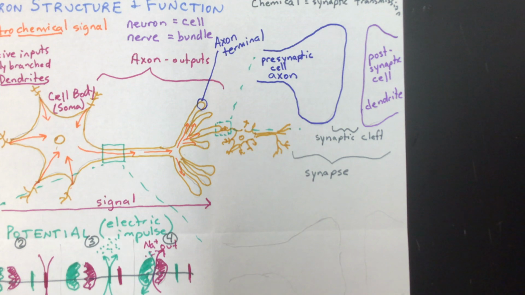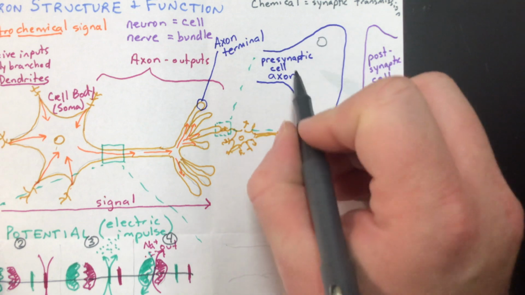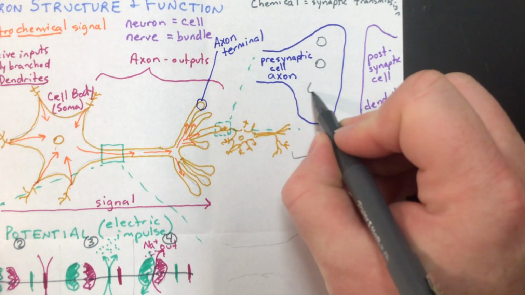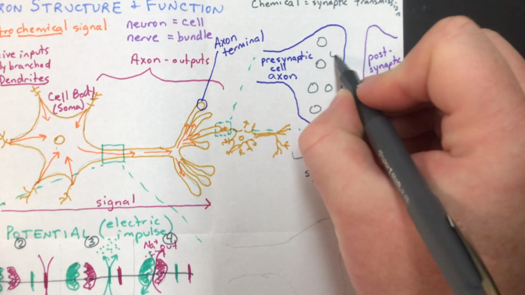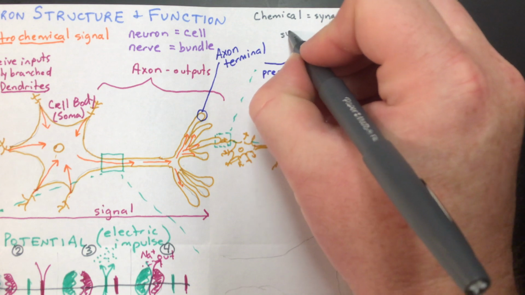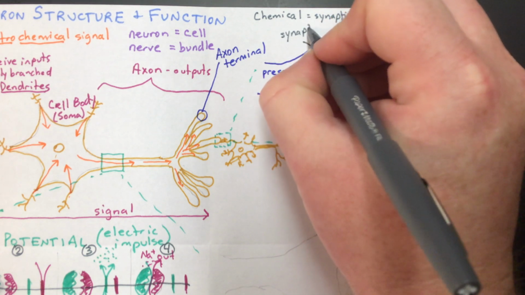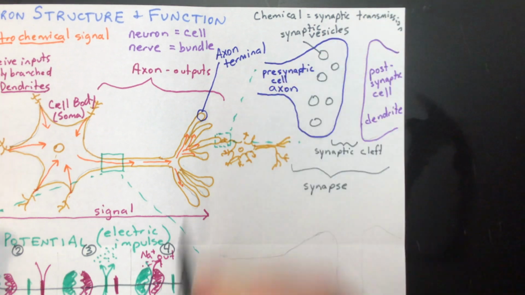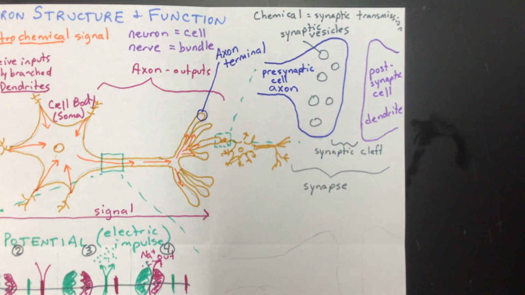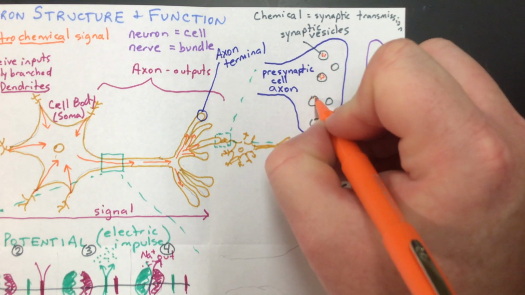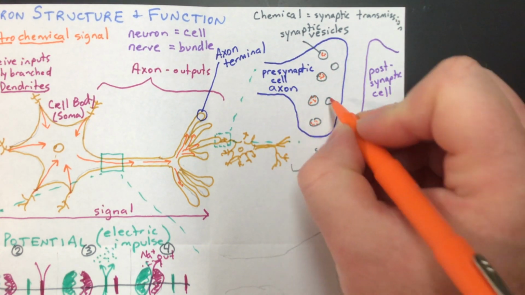A critical structure involved in this is in the presynaptic cell axon, this axon terminal. We've got some interesting structures that are bubbles or containers called synaptic vesicles, and synaptic vesicles contain the chemicals of neuron signaling.